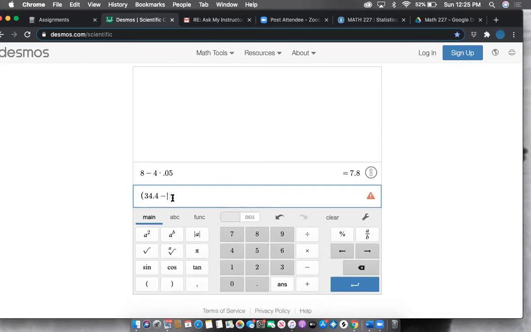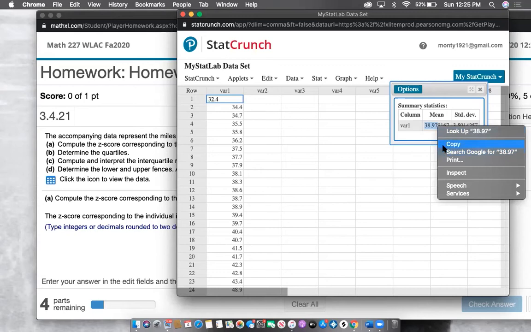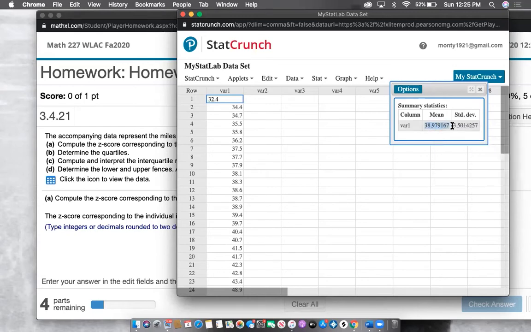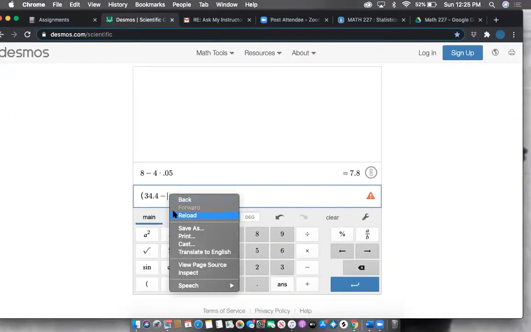Minus, and then you go back to the data. Copy the mean, just copy it. Why did you round it? Copy the whole thing. We don't want to round stuff until the end.